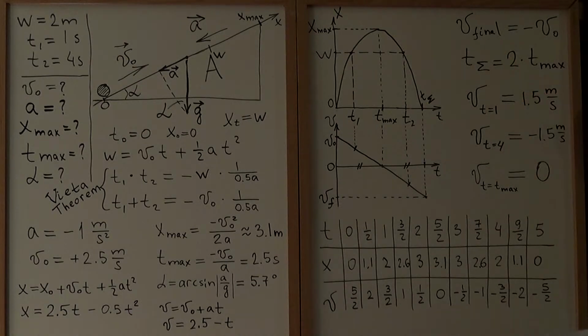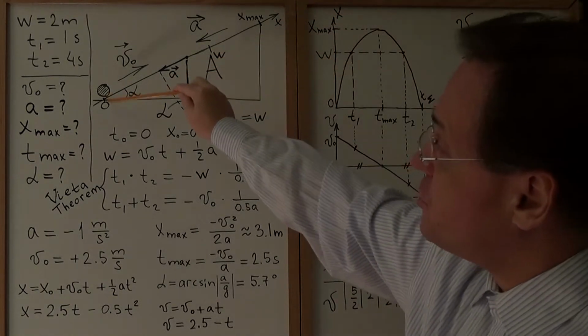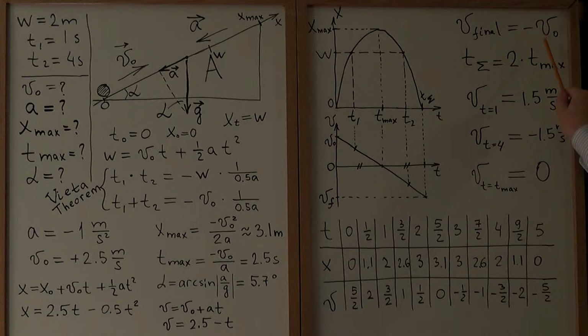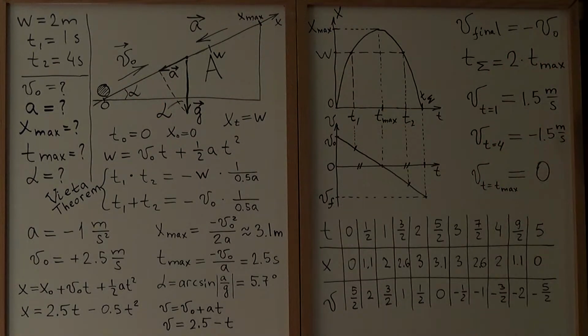We see that due to symmetry, the final velocity when the ball comes down to the initial point will be just opposite of the initial velocity. The total time will be just twice the time of reaching the highest point.